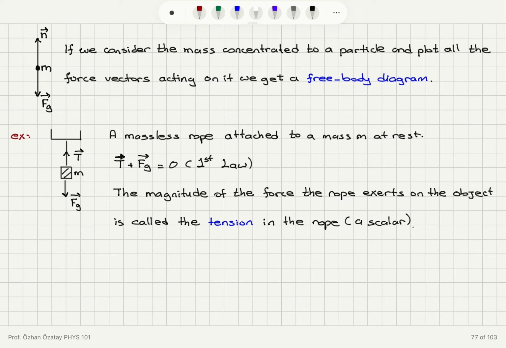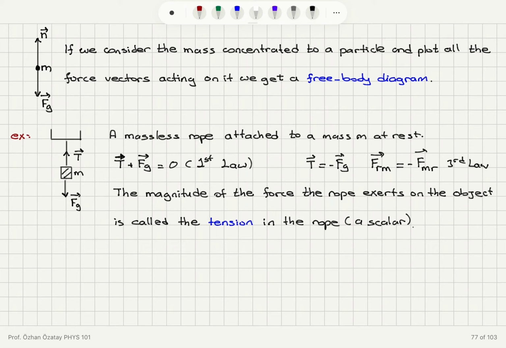So we could also say that we have a force couple here: T is equal to minus the gravitational force. Because what is T? It's the force exerted by the rope on mass m, equal in magnitude and opposite in direction to the force exerted by mass m on the rope. That is the third law.